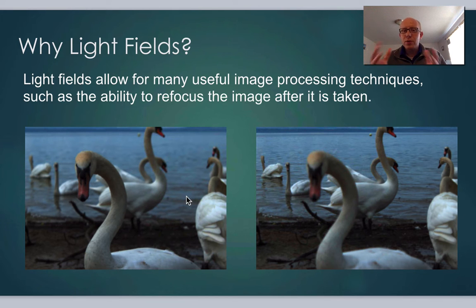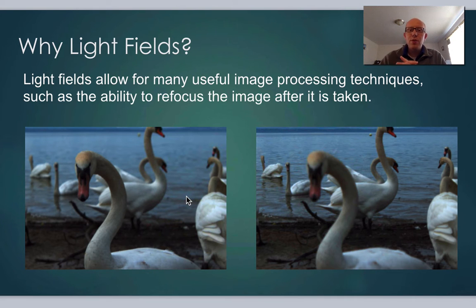So you can do all sorts of things with a light field camera because you have this extra information. You can calculate depth. You can do all sorts of cool portrait effects. Portrait mode on iPhone and Android phones is often using light field technology to make that really strong in-focus front object, the person you're taking the picture of, and then the really blurry background behind it.